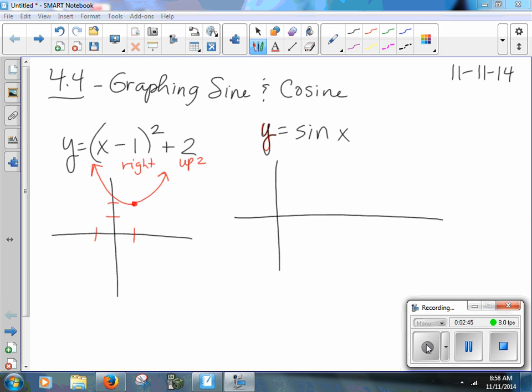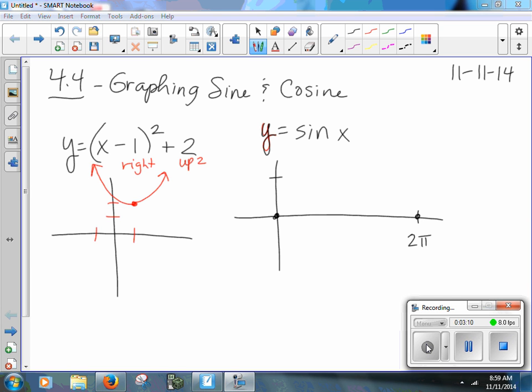So we know that it's going to start where? At 0, and when it makes one complete revolution, it's going to rotate to what radian measure? 2 pi. So our parent function for sine is going to be one revolution on paper, okay? And this is sine, folks.